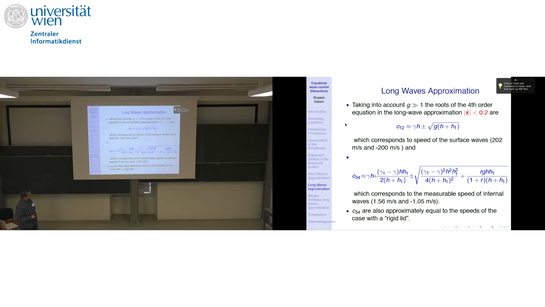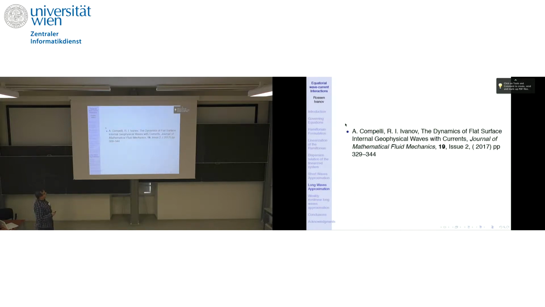And the other two roots approximately coincide with the analysis of this rigid lid approximation. The rigid lid, for example, we have done with Tao, Compelli and myself in the Journal of Mathematical Fluid Mechanics.